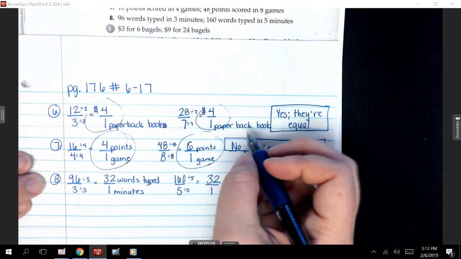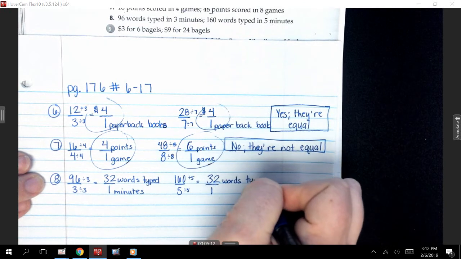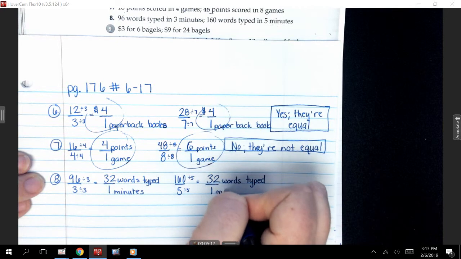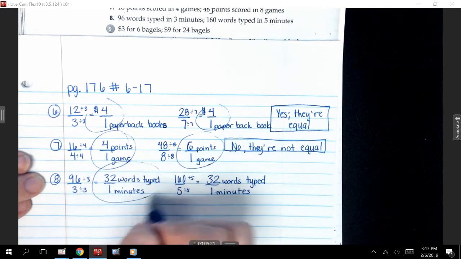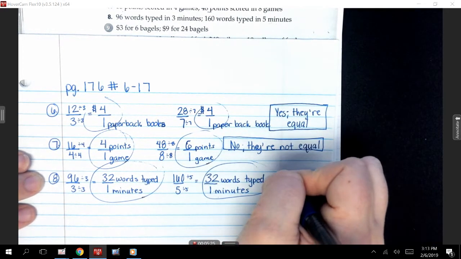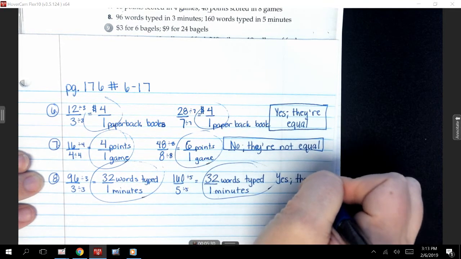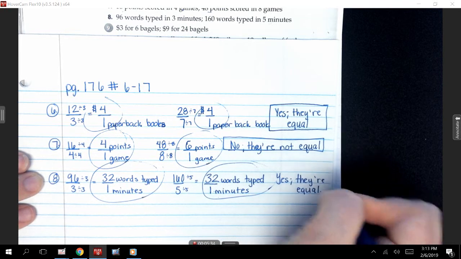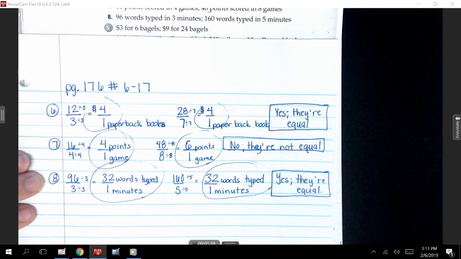So we had words typed, and we have minutes. All right, so again, if I look at those two rates we just found, they are the same. So I can say yes, they're equal. A lot of work for a really simple sentence.